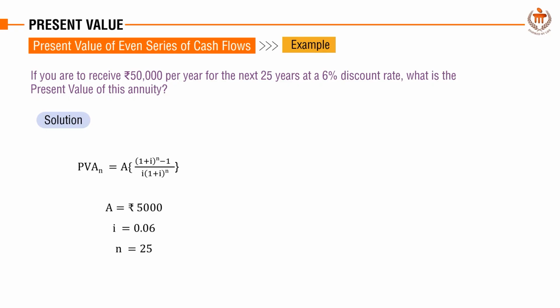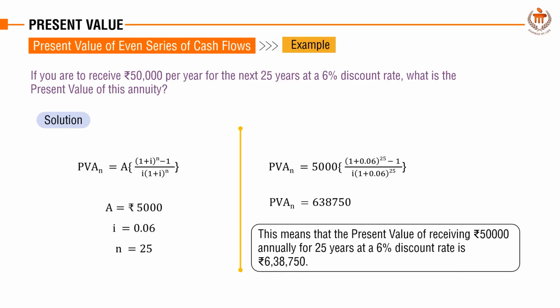Putting all these values in the formula, we get PVA is equal to 50,000 times (1 plus 0.06 to the power 25 minus 1) divided by 0.06 times (1 plus 0.06 to the power 25), which is equal to 6,38,750. This means that the present value of receiving rupees 50,000 annually for 25 years at a 6% discount rate is 6,38,750.